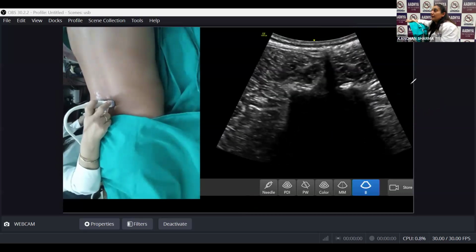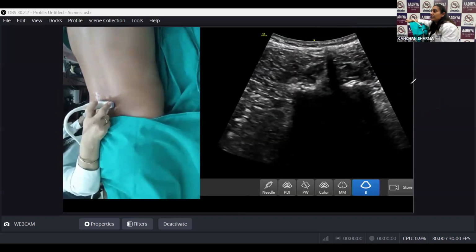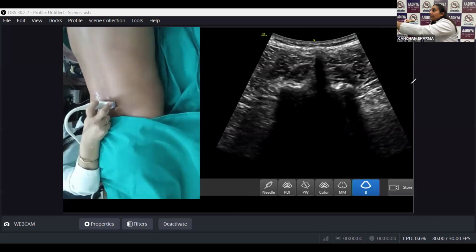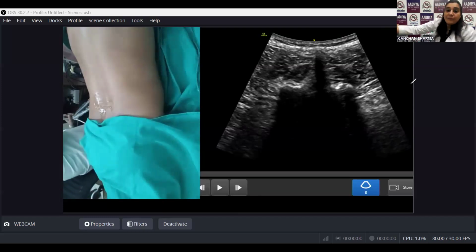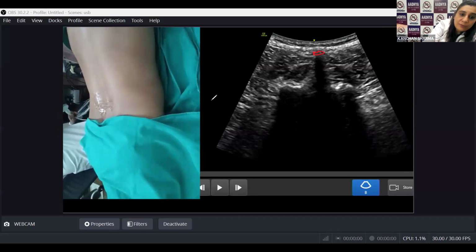So I told you that if my probe is over the spinous process, okay? I don't know which spinous process because I have not counted. Just like that, I have put the probe. So now my probe is in the short axis, or you can say I'm looking at the axial section of the spine, right?